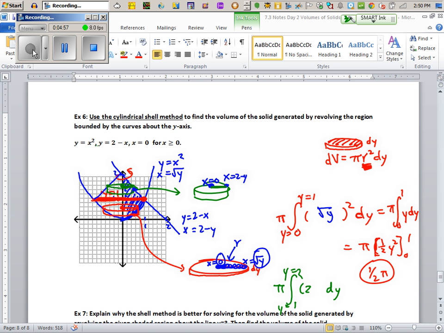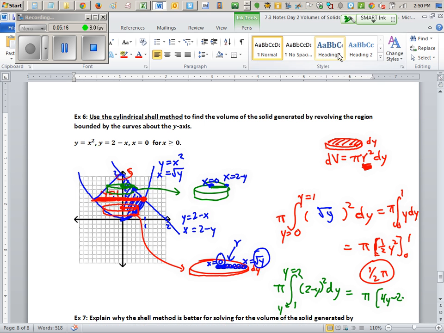So you'll run this integral. Alright, so this one's going to give us pi times, and that's really 4 minus 4y plus y squared. So it's 4y minus 2y squared. And there's a plus y squared, so that's plus 1/3 y cubed, and this is between y equals 1 and y equals 2. So if you plug in the 2, you're going to get 8 minus 8 plus 8/3.